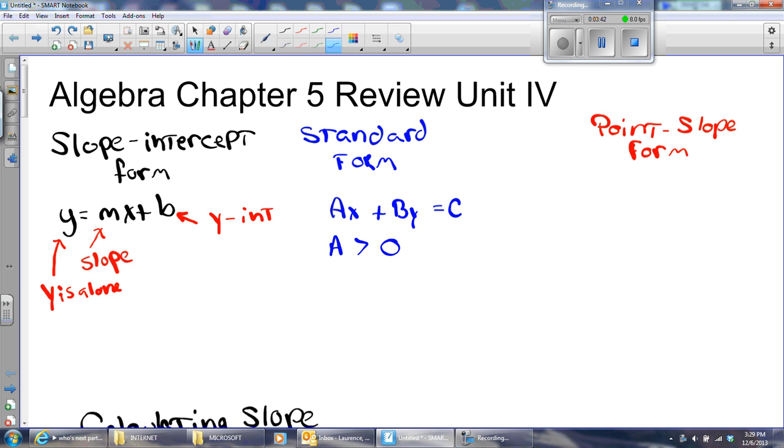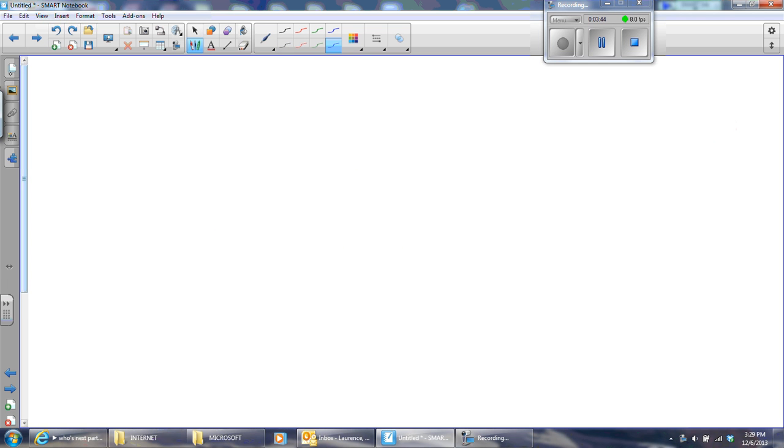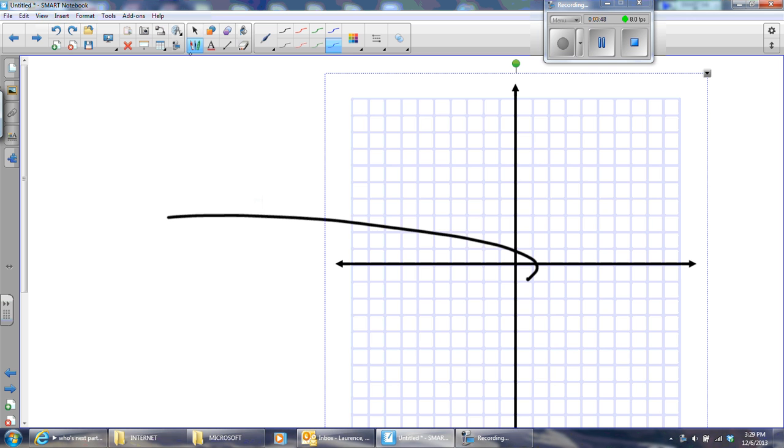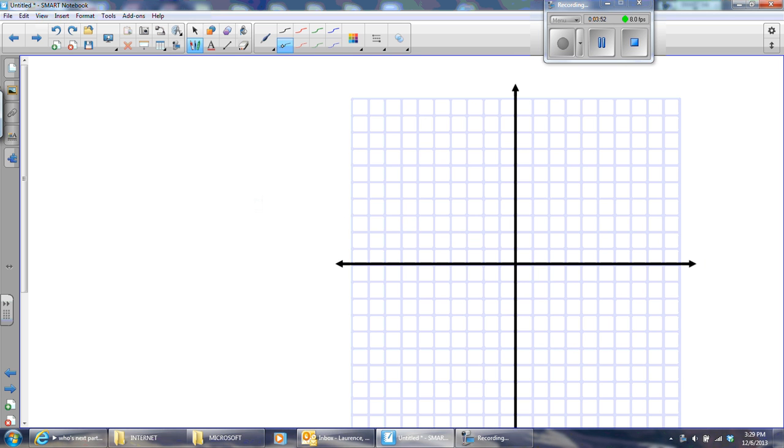So when we have an equation like that, all right, bring my axes out here. Okay, how do we graph from it? Well, let's say we have the equation 3x minus 4y, and that's going to equal 8.